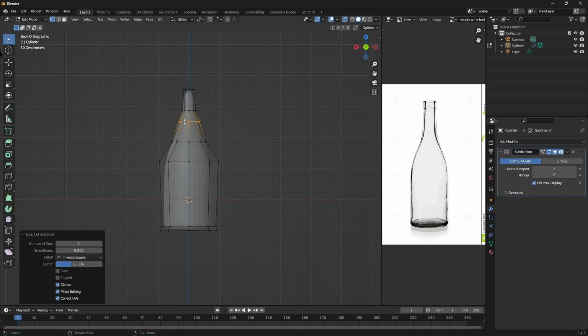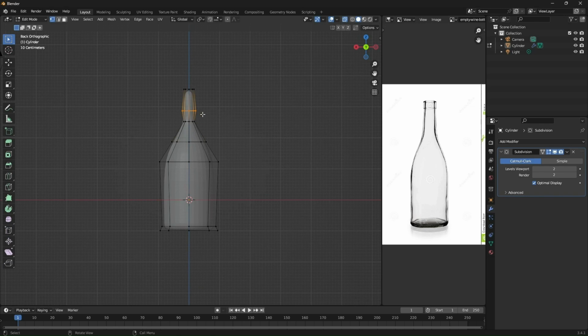And we'll fan that inwards. Get these vertices here. Fan that inwards. And let's see how we're doing. I think it matches up pretty good.